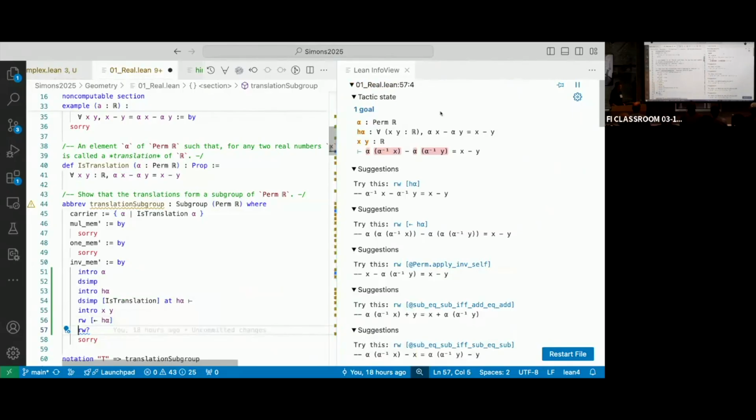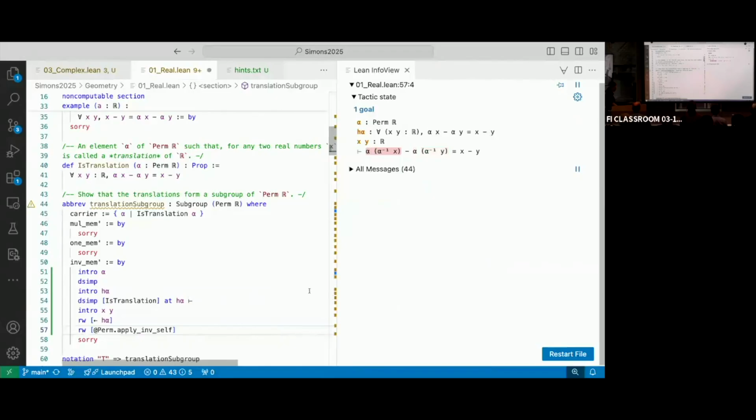So rewrite question mark finds it on the third try. It's the third lemma. It comes up with this perm apply in self. So I click that, and you can see that this now is the lemma where before I have alpha of alpha inverse of X, and after I just have X. So that is exactly the lemma I wanted.